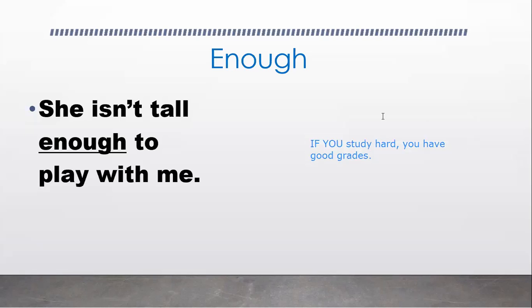If you study, this is a condition, a conditional. But if you don't study, don't expect to have good grades. Okay, who can give me another example? And before I forget, don't forget to use the comma. If you use if at the beginning, then the comma goes in the middle of the two sentences. All right.